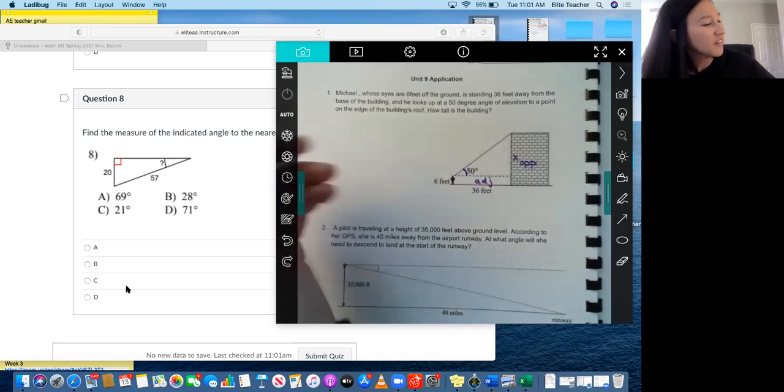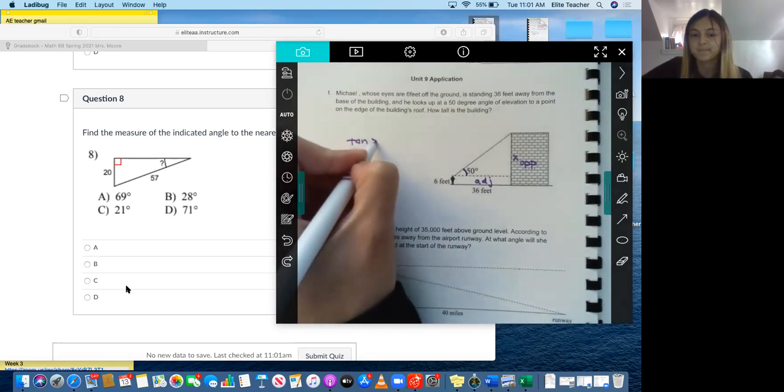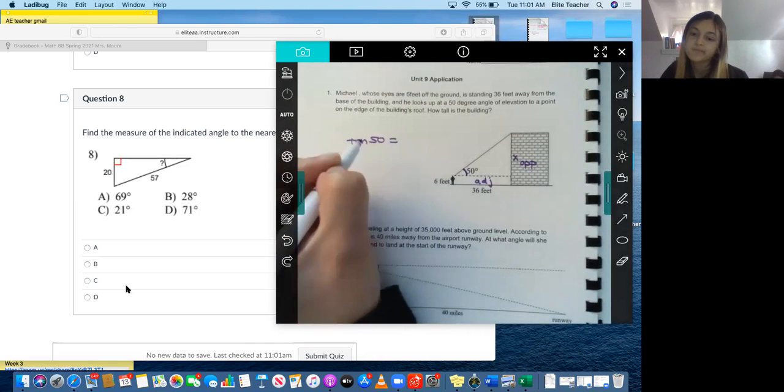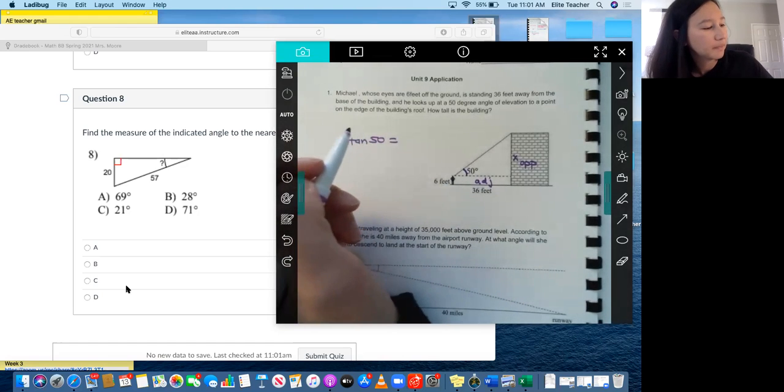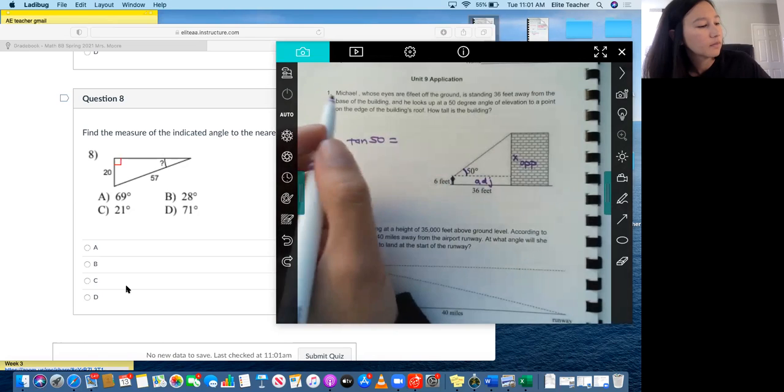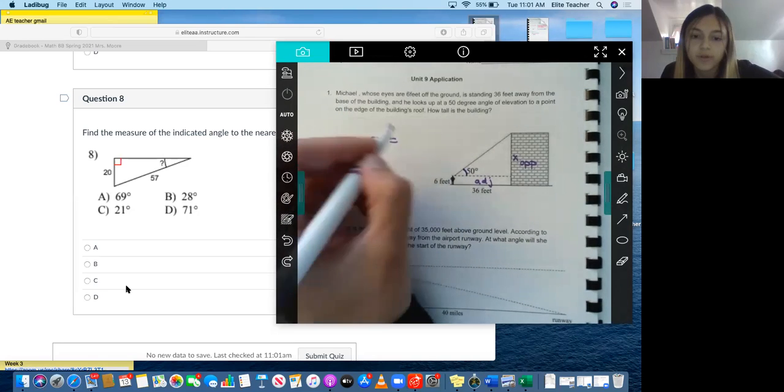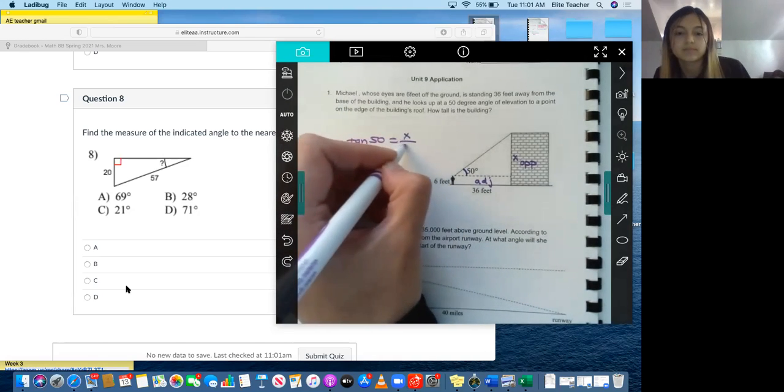Tangent. Right, very good, Jake. So the tangent of our 50-degree angle is equal to what, Jade? Is equal to x over 36. Very good.